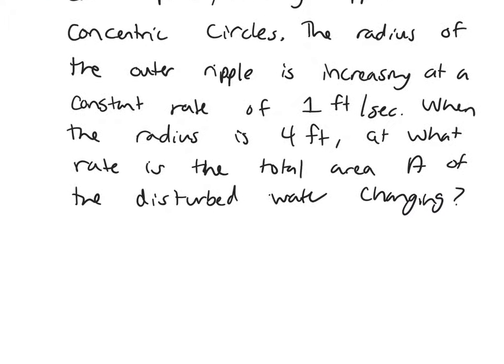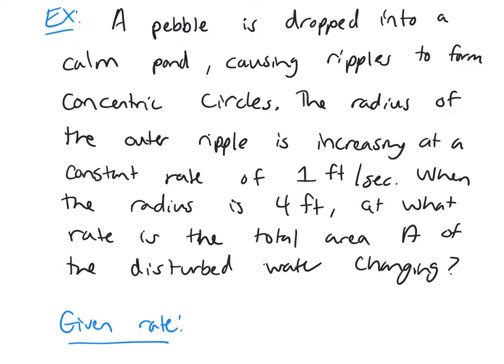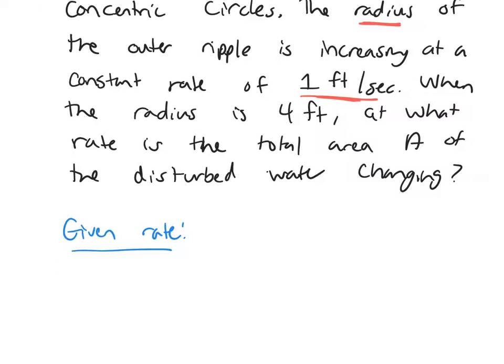So let's identify what was given to us in the problem, our given rate. If I look back here, the given rate that I'm given is 1 foot per second, and it was for the radius. So dr/dt was 1 foot per second.